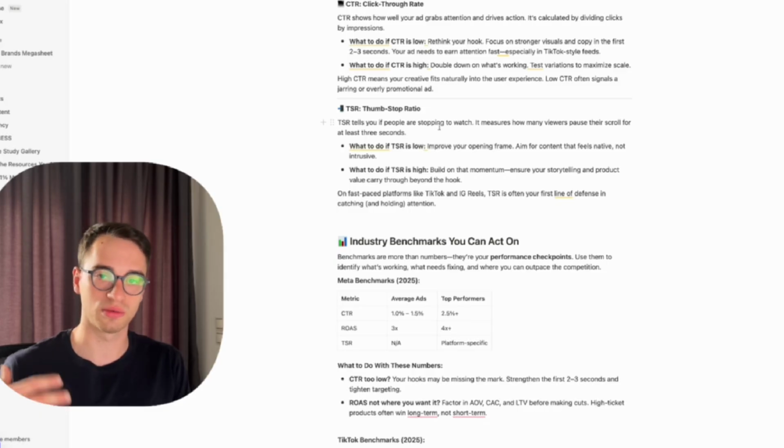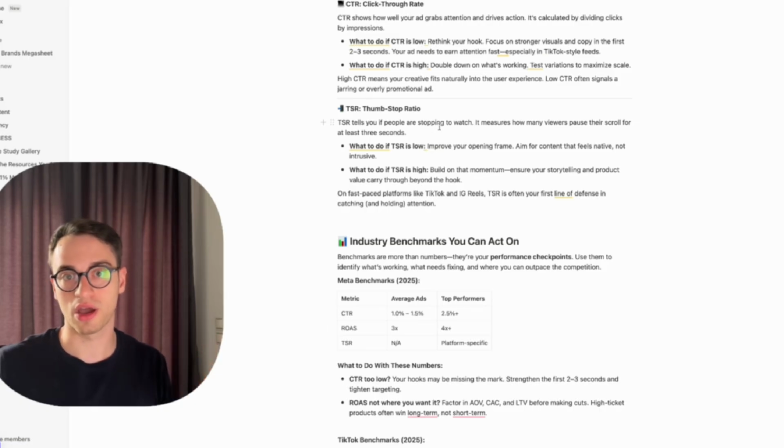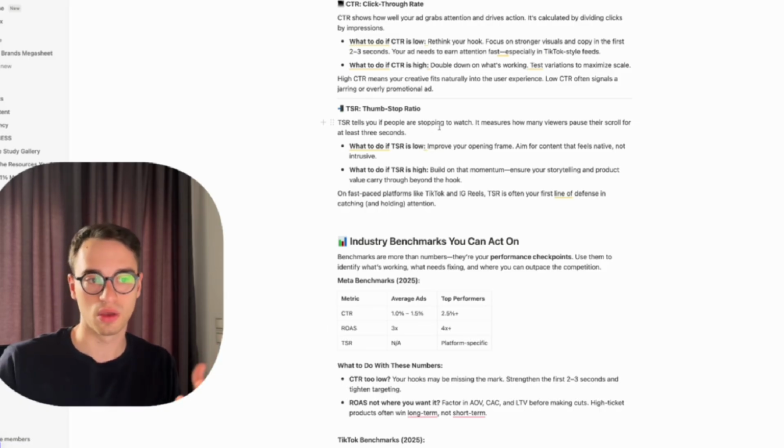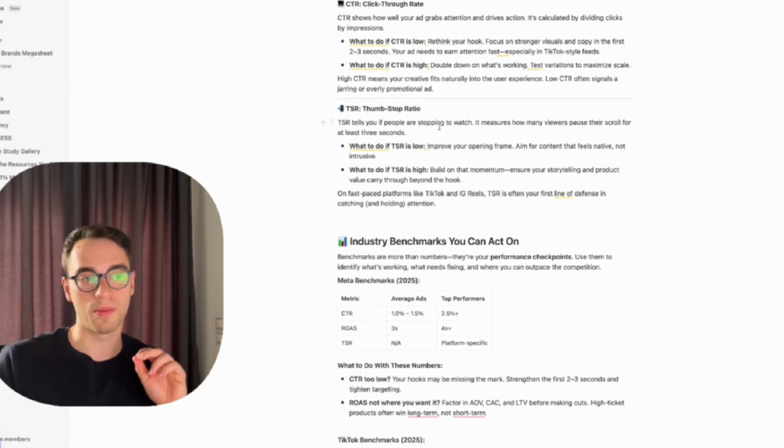They go into clickbaity hooks, which might get attention, but not the right kind of attention, and they won't actually convert. We are optimizing for profit and for driving conversion volume. So the key thing here is that we still need to be relevant to our core customer.